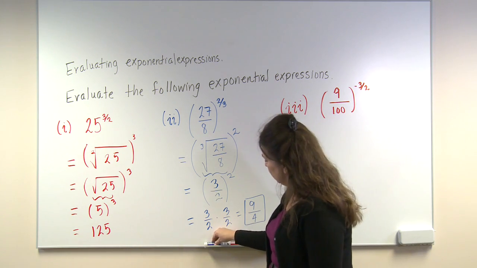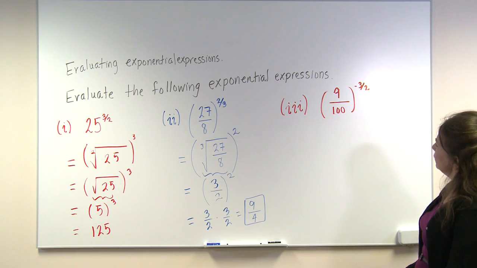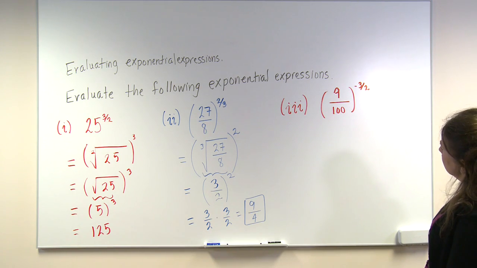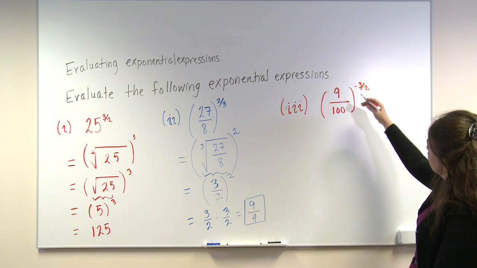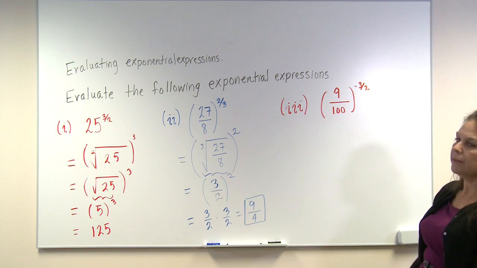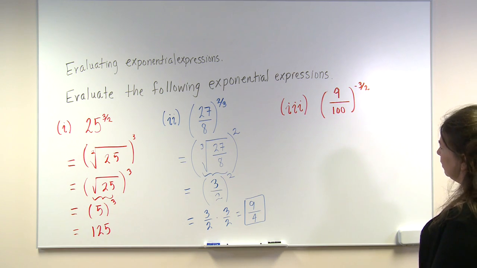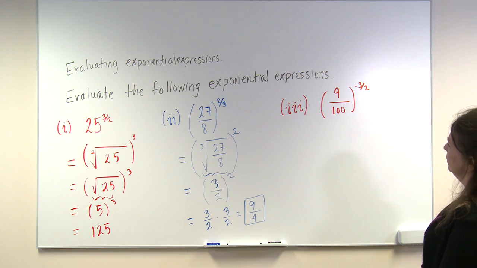Now, for the third problem, I'm going to use the idea that if I have a fraction raised to a negative exponent, I can take the reciprocal of that fraction and change the sign on the exponent.